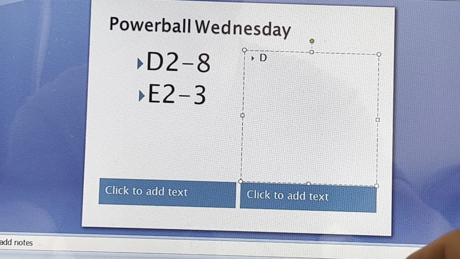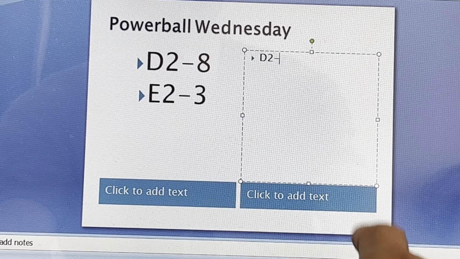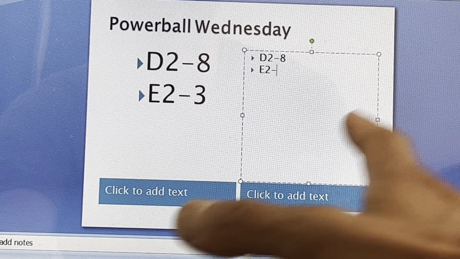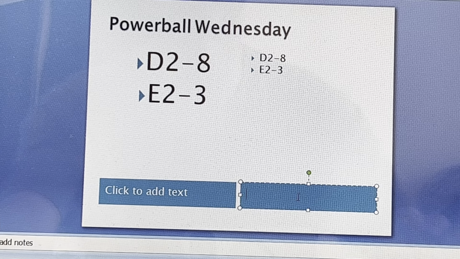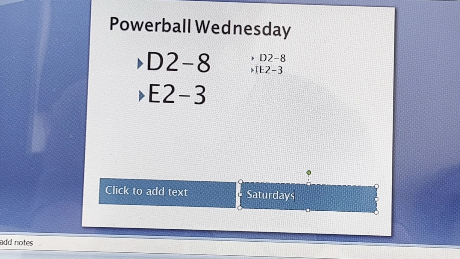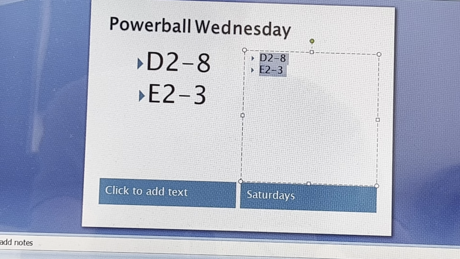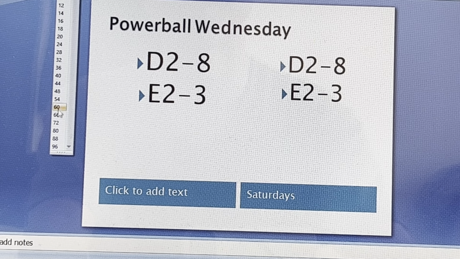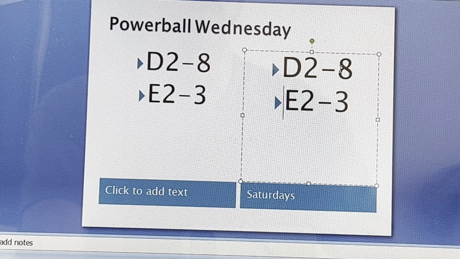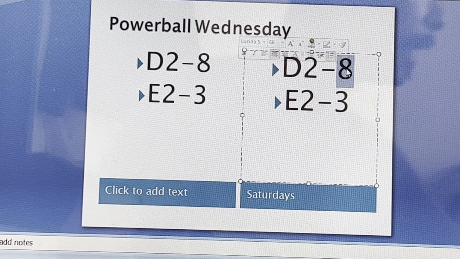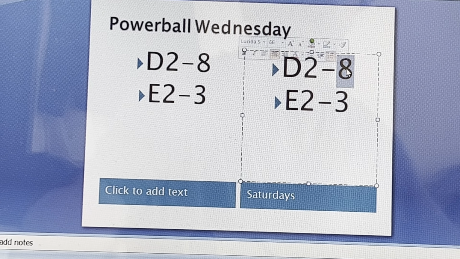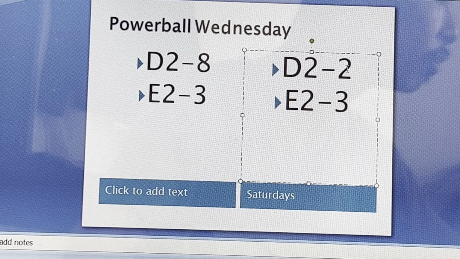Okay. Now continue reviewing the coordinates for next draw. I will have D2 is 8 and E2 is 3. No. D2 is not 8. D2 is 2.